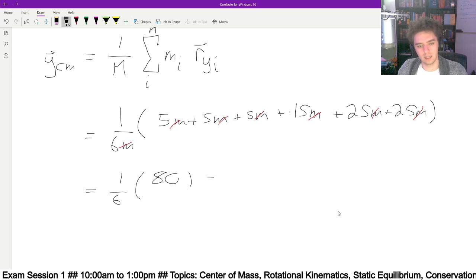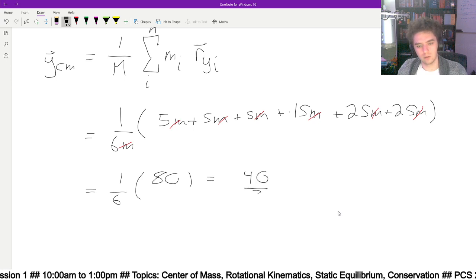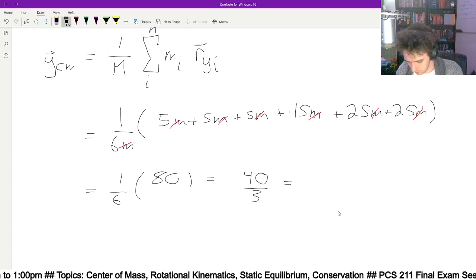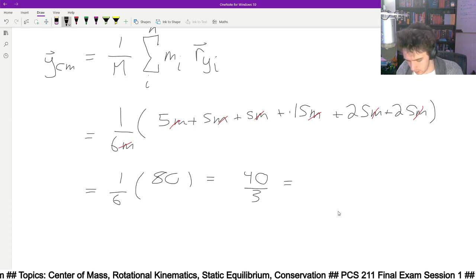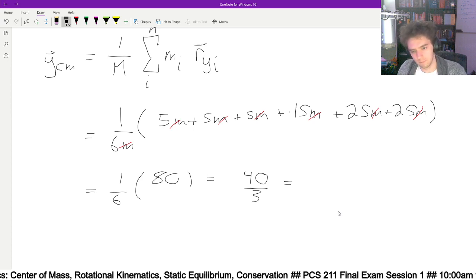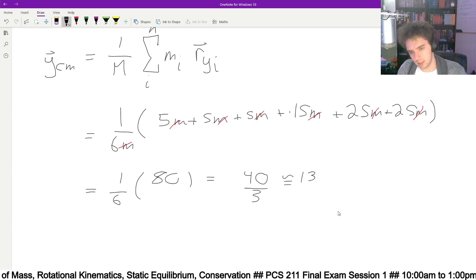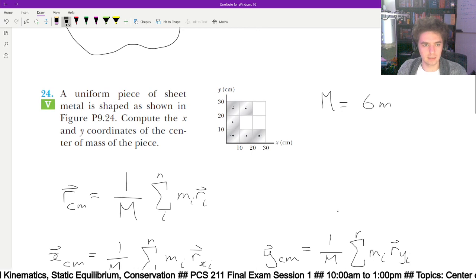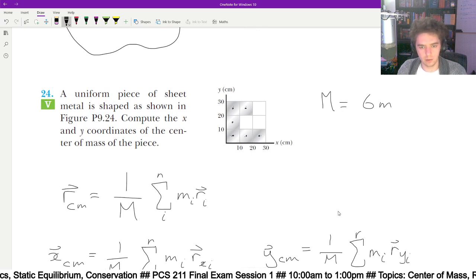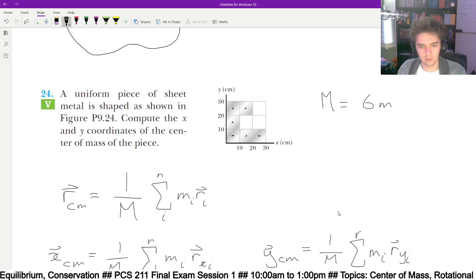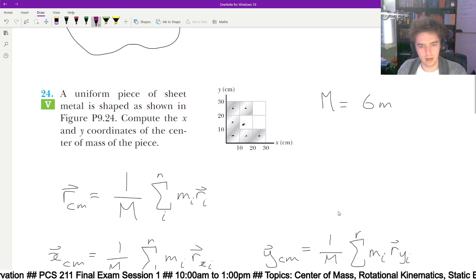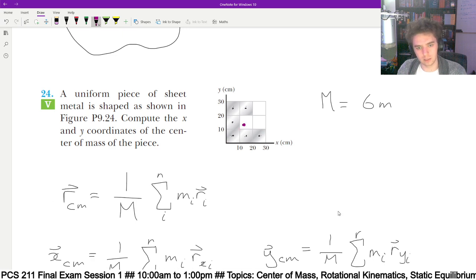So 1/6 of 80 is 40 over 3, which is approximately 13.3. So the y component of our center of mass is 13.3, so like here, and we said the x was 11.6, so maybe right there. That looks to be our center of mass for this object.